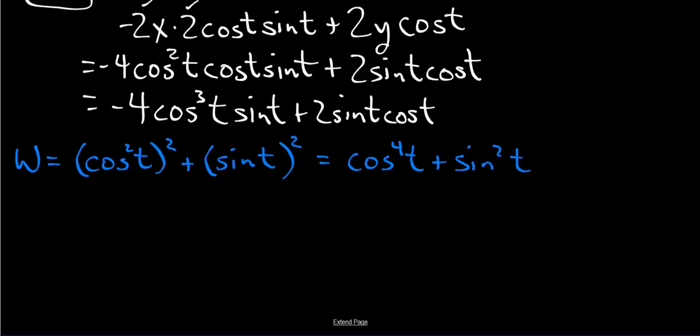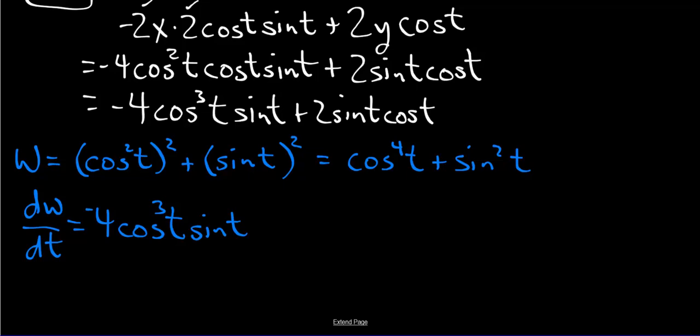Now let me differentiate. This is just a single variable here, t. So I've got dw/dt is equal to 4 cosine cubed t, and then the derivative of cosine, which is negative sine, so put a negative in front. And notice that's this. Plus, now let's take the derivative of this part over here.